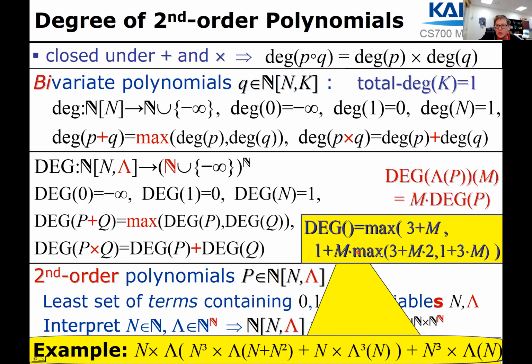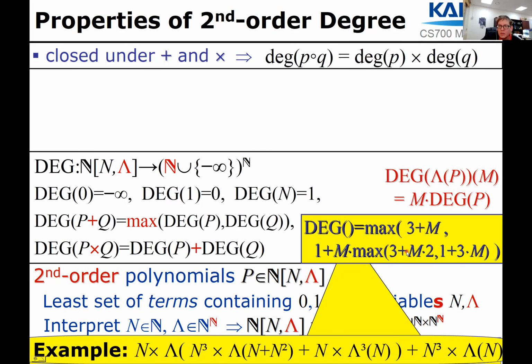It's the maximum of these two expressions, where the second again involves a maximum. So it's a very complicated expression. But let's observe that for sufficiently large choices of the natural number argument m, this becomes much simpler when the maximum is attained by one of these terms, namely when m is at least 2, then this part dominates the degree.